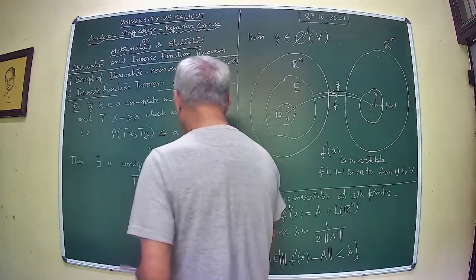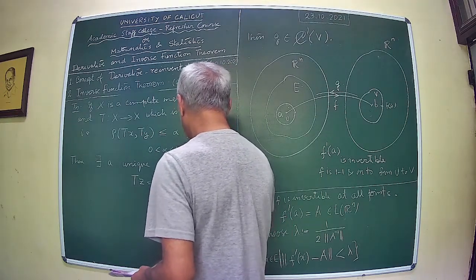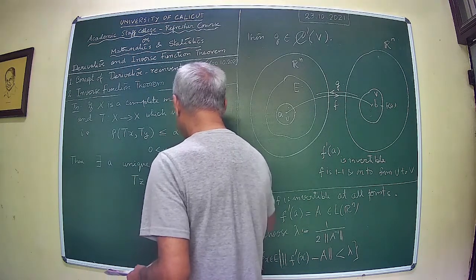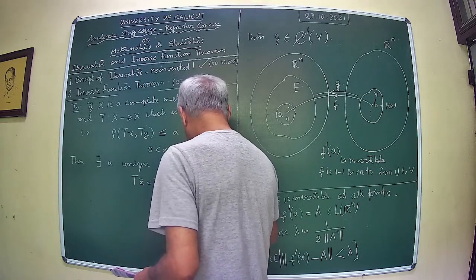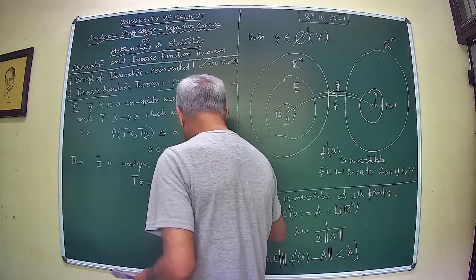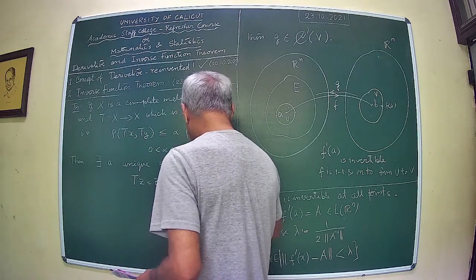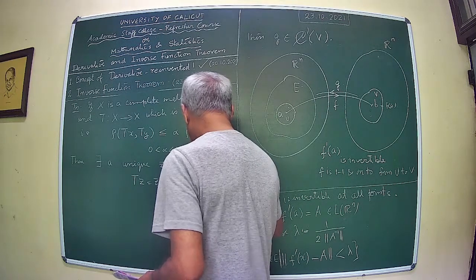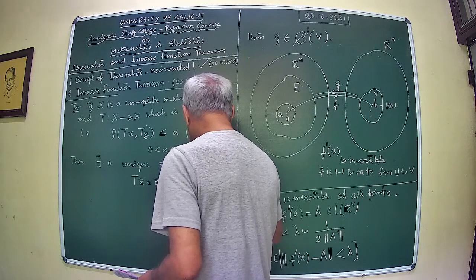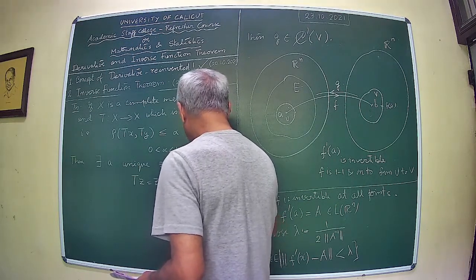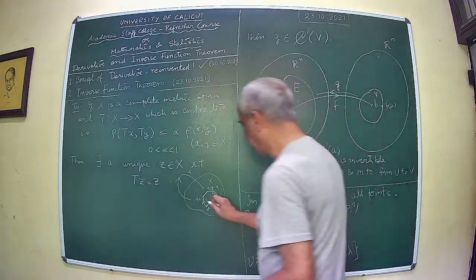Okay, so it's something like this. Suppose this is your X, you have a map T which has the property that when you have x and y, this is Tx and Ty, T maps this to this point, T maps this to this point, and the distance between x and y is bigger than the distance between Tx and Ty.